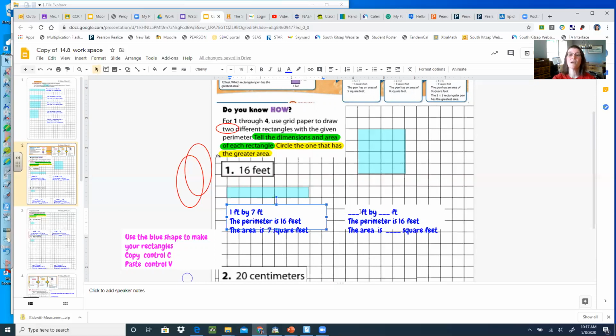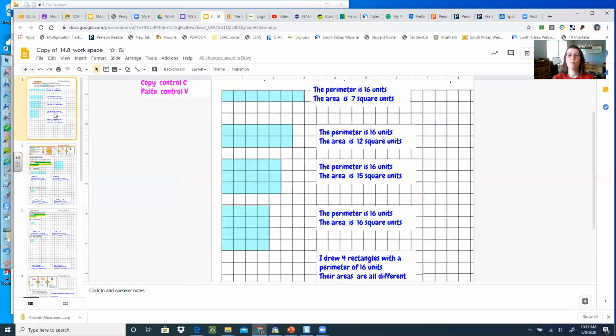Okay, now this guy, his dimensions are 4 by 4. Its perimeter was still 16. And if you don't remember what its area is, then just go back to this slide and see, oh, yep, it was 16.